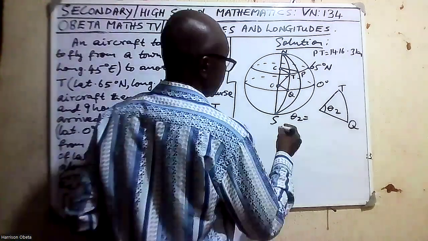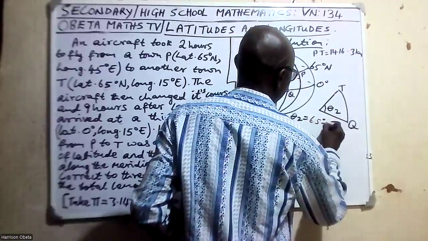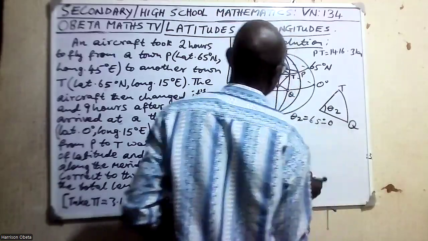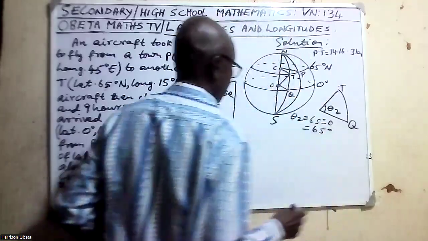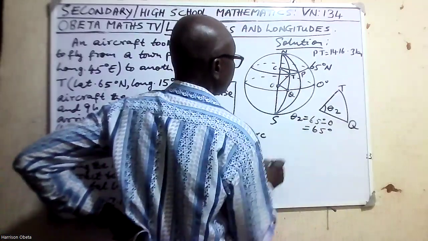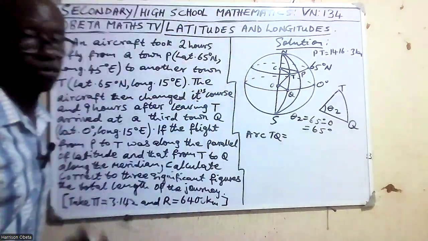So for us to find it, we have to subtract 65 degrees minus 0 degree, and that will give us 65 degrees. So we have arc TQ.